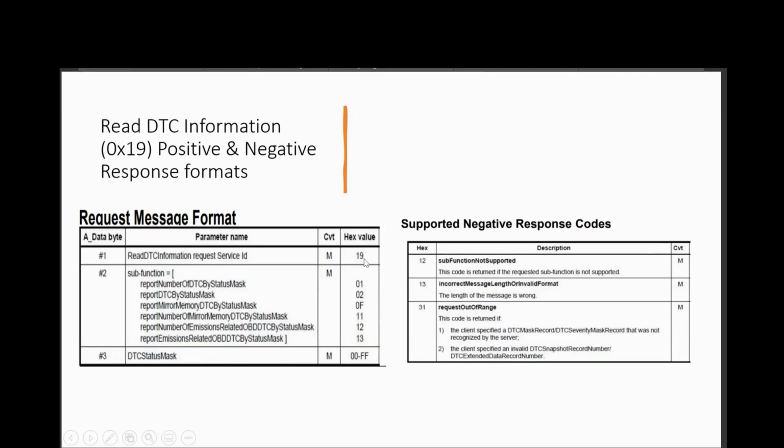As I told, the positive response is always the same: 19 plus 40, that is 59, followed by your subfunction 02, followed by the DTCs available with status, whether set or healed. And there will be some negative response codes for this also. This is also common here. Most negative responses are common, except a few applicable only to a few service IDs.